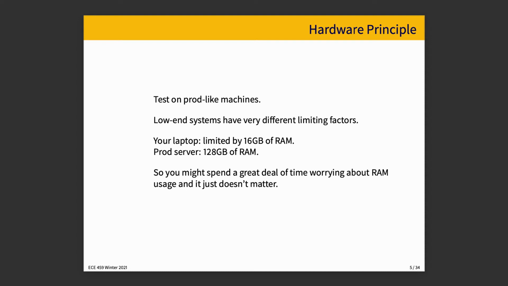So if you were trying to see how many users you can test with concurrently on your own laptop, you wouldn't end up with the right answer, because you would be looking in the wrong places. You would say, we're limited by RAM, and we have to find a way to reduce memory consumption, even though it won't matter all that much, because on the production system you have much more RAM, 5 times as much, or 10 times as much. So don't sweat it.